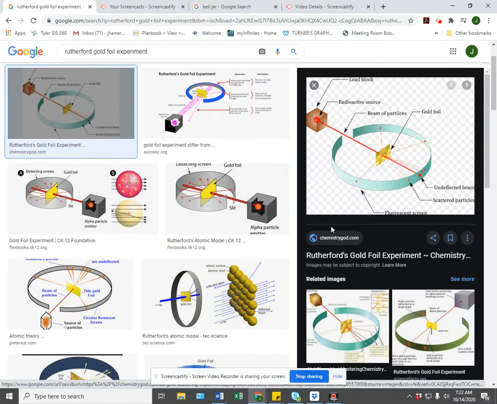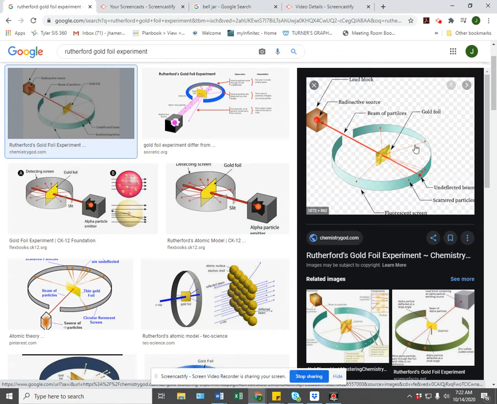They thought that this beam of particles was really big compared to the gold foil. To get an image, it would be like shooting a bullet at a piece of tissue paper. So they thought the beam of particles would just punch right through the gold foil and go straight through it.